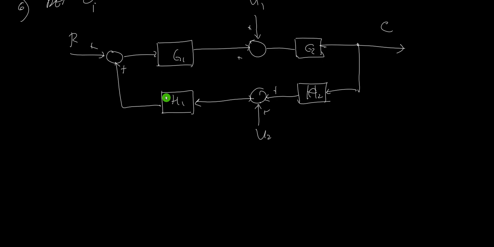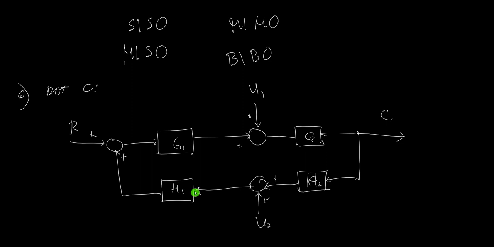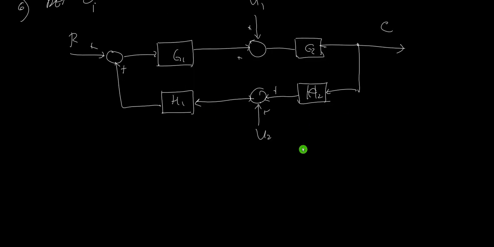So if this is a straight line, then G1 is in cascade with G2, and H1 is in cascade with H2. So G1 times G2, H1 times H2. That's the canonical form. So retain R. The output due to R, let's call it CR, will be just equal to what?